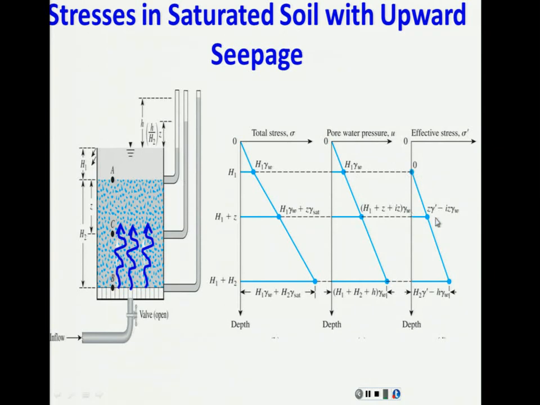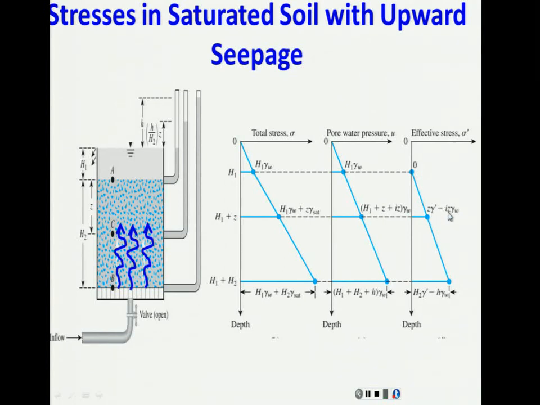And at this point, when you subtract H1 gamma water, it's going to be 0. Z gamma saturated minus Z gamma water is Z gamma submerged, and the rest is IZ gamma water, which is this part here. This is the effective stress when you have seepage.